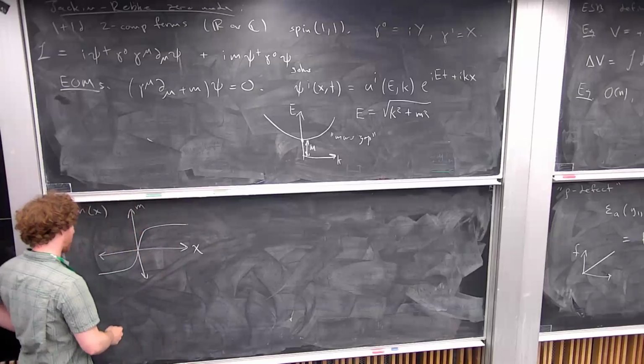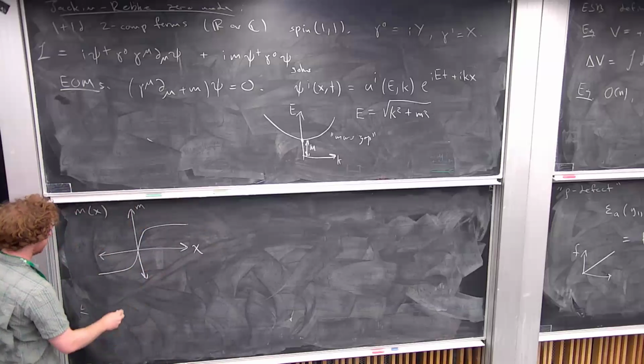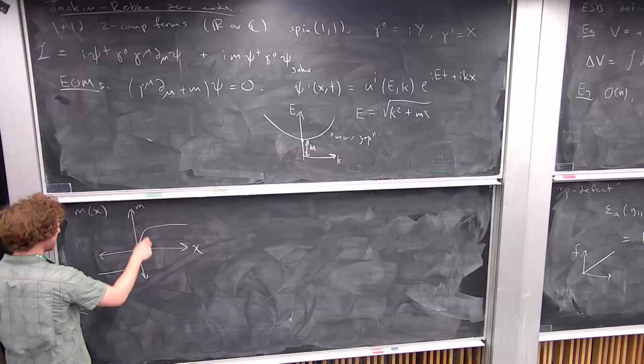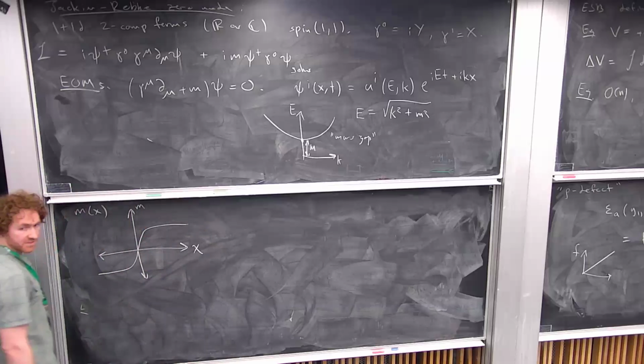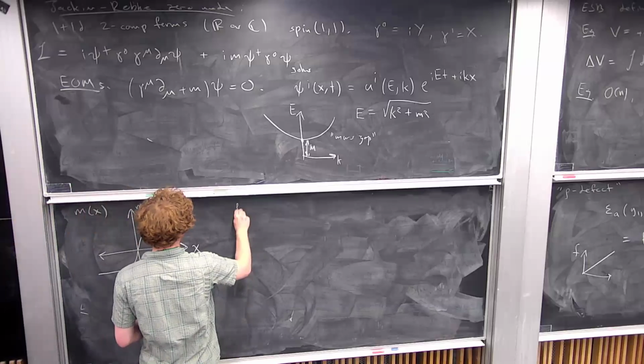So essentially we have a localized theory. Anything left in this theory will be localized to x equals 0. So you can think about this as a row defect.